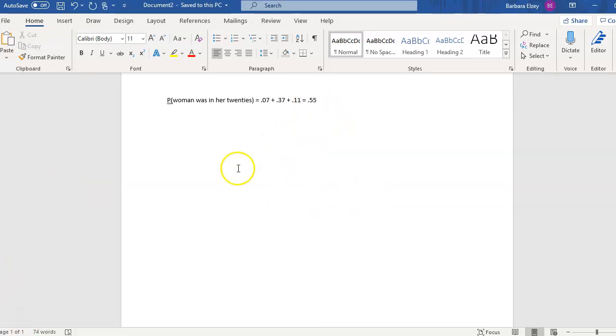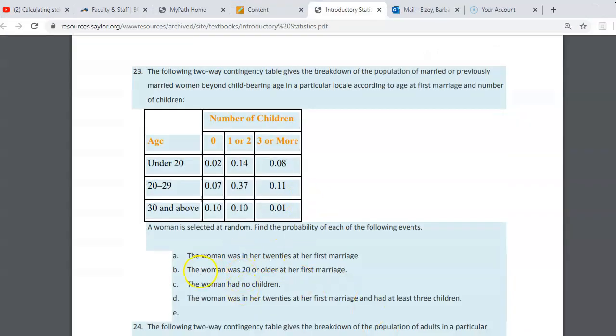Now we want the probability the woman was 20 or older at her first marriage. Twenty or older includes both the 20 to 29-year-olds and the 30 and above, so we're looking at both of these rows. We already added up that first row, so let's use that number rather than rewriting those three numbers, and add to it 0.10, 0.10, and 0.01.